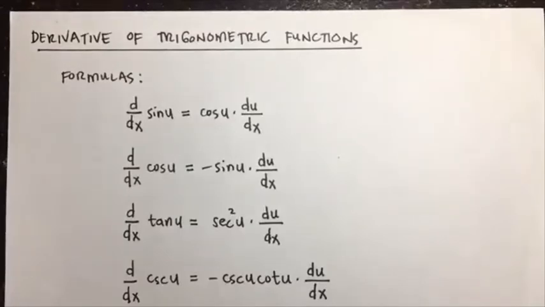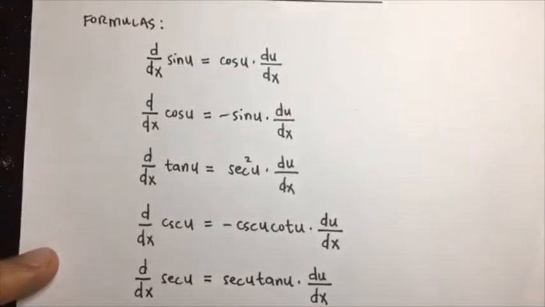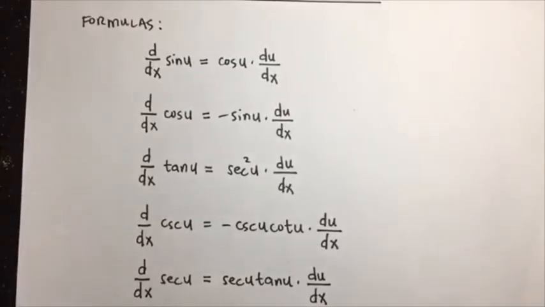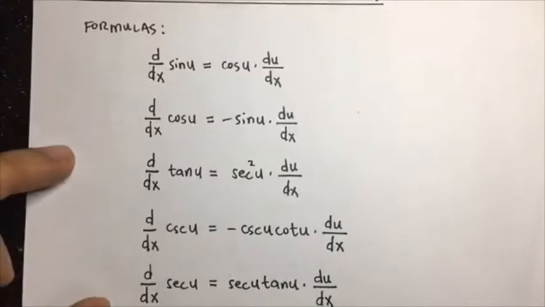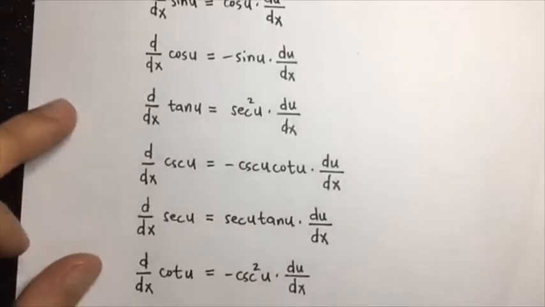Okay, so for this video, we will be discussing the derivative of trigonometric functions. The derivatives of trigonometric functions are given by some formulas which you have to familiarize yourself with and memorize.